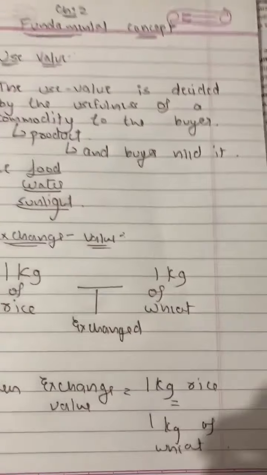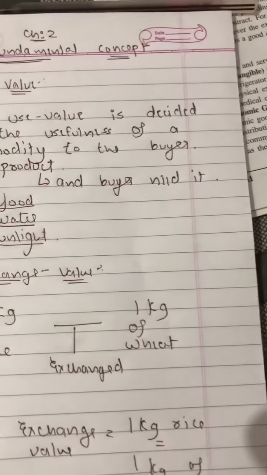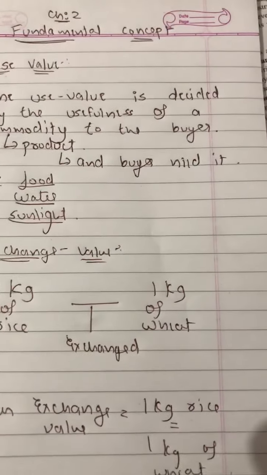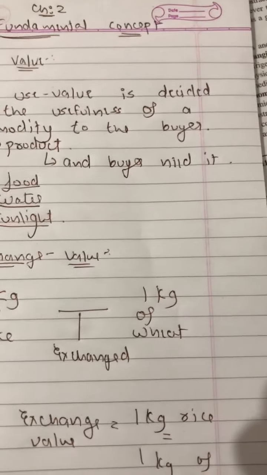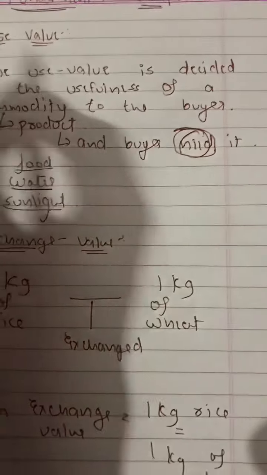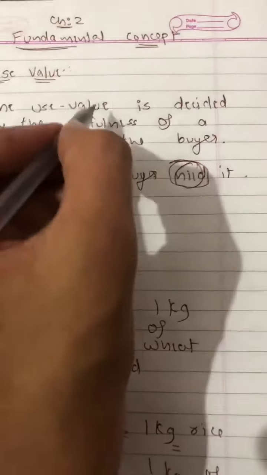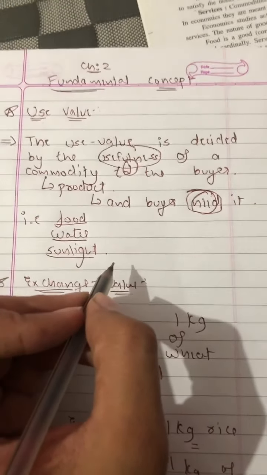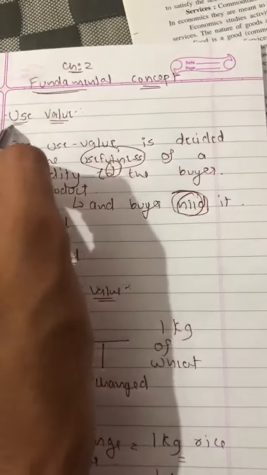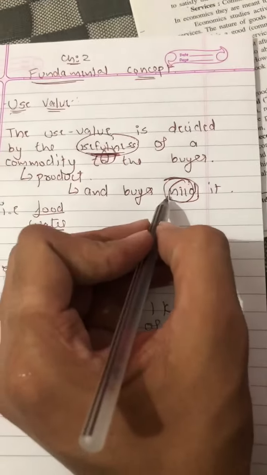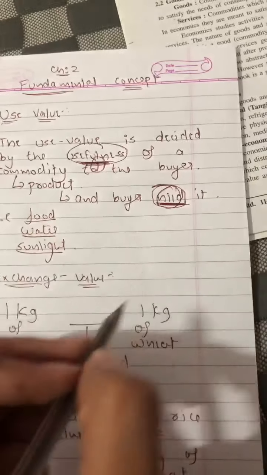Okay, use value means there are certain products which are very much useful to the buyer, or which are very much in need. Useful products are all those products which have, first, usefulness, and second, the buyer needs it.